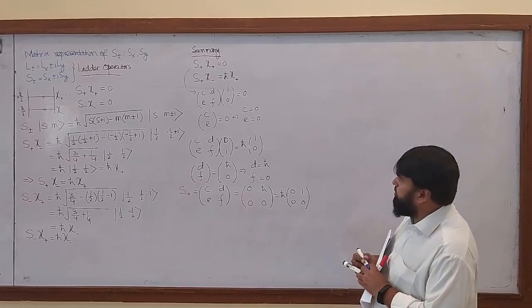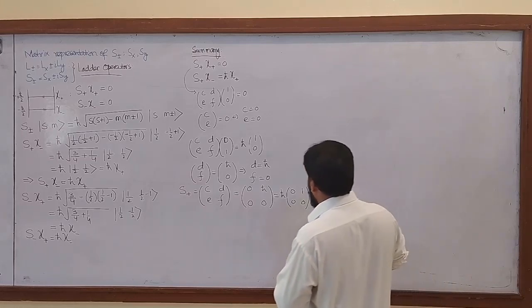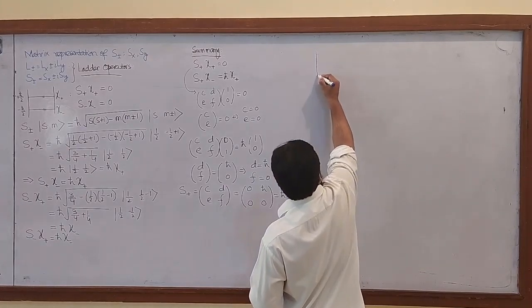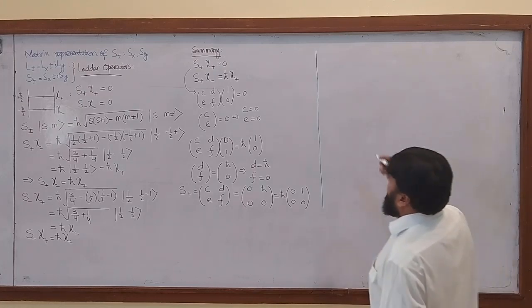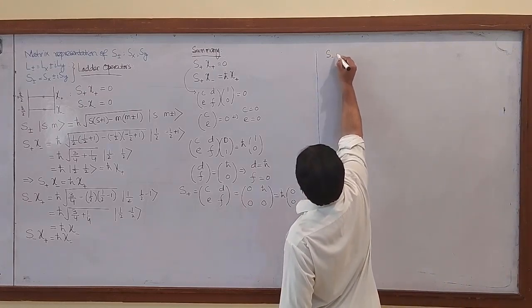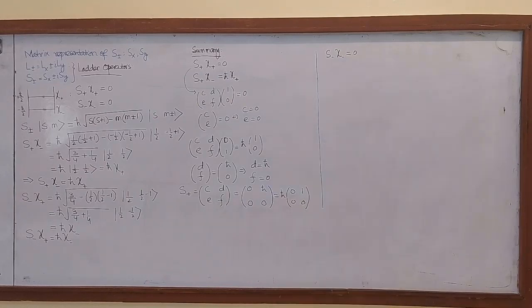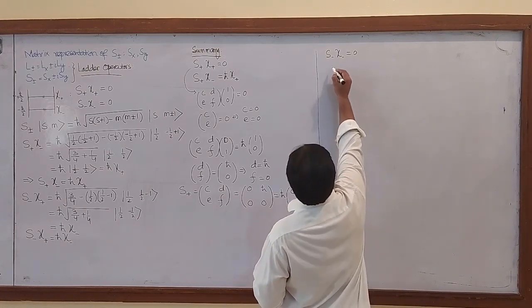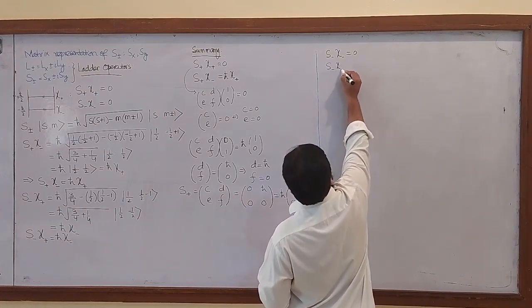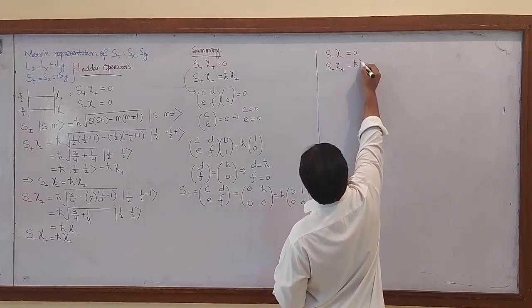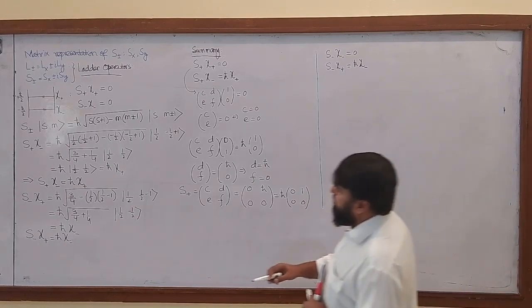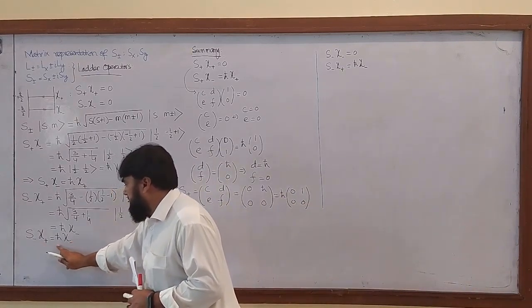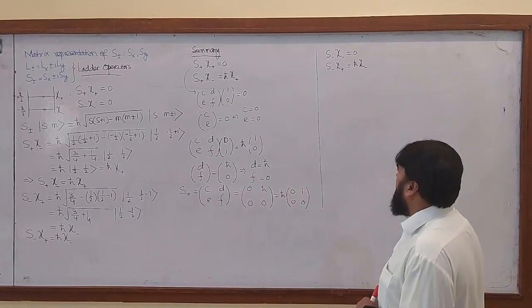Similarly, if I want to write for the other, S minus when it operates on chi minus, it gives you 0. And when S minus operates on chi plus, it gives you h bar chi minus. This we proved here: S minus on chi plus gives h bar chi minus.